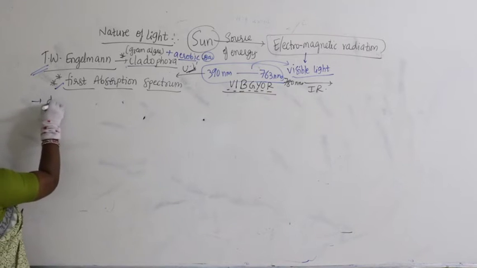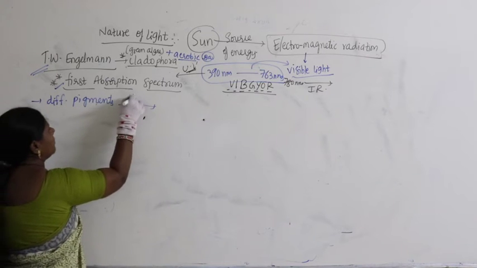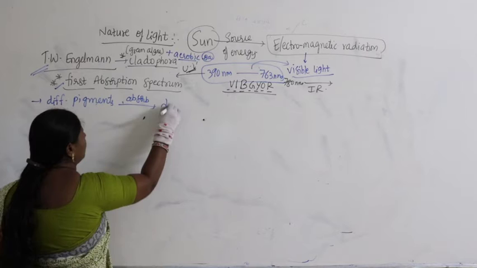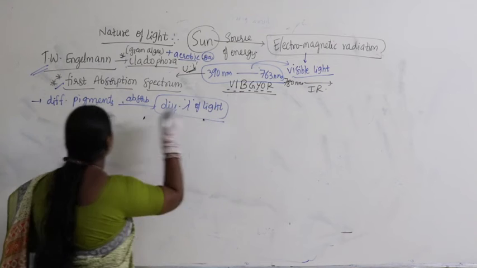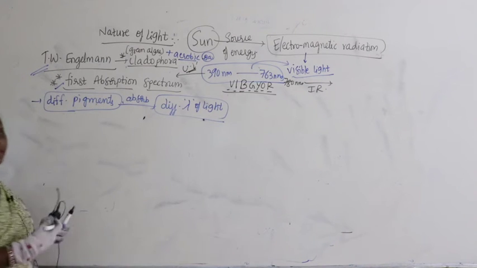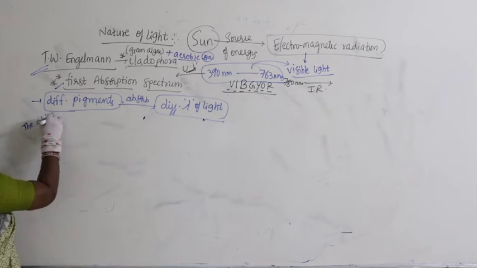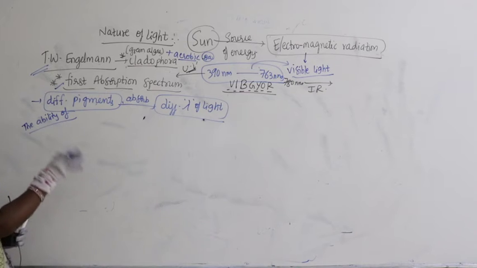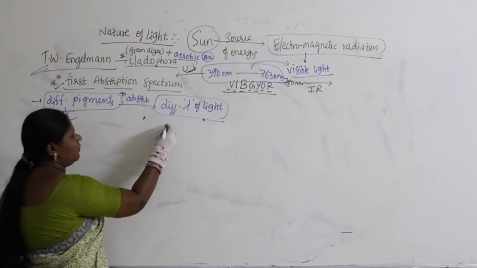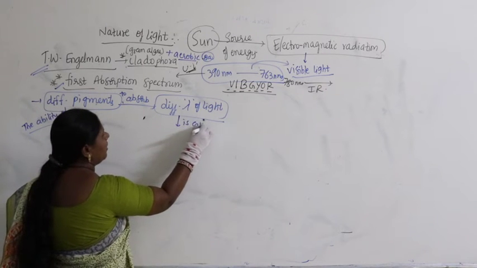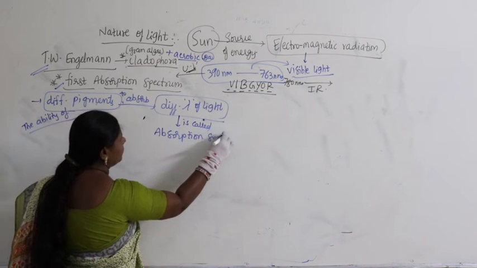So what you have to understand in this is that different pigments absorb different wavelengths of light. The ability of different pigments to absorb different wavelengths of light is called the absorption spectrum.